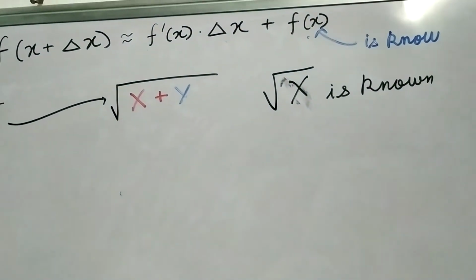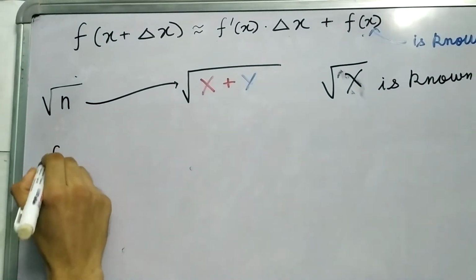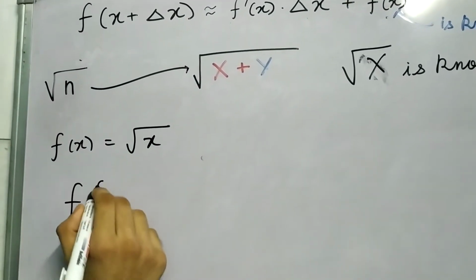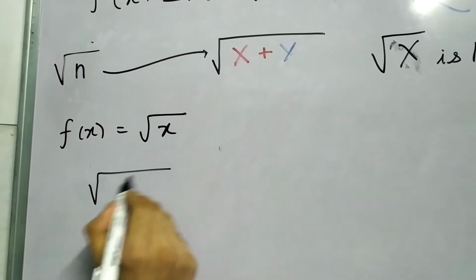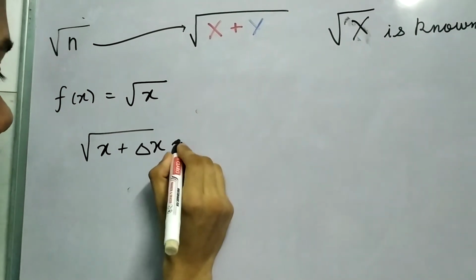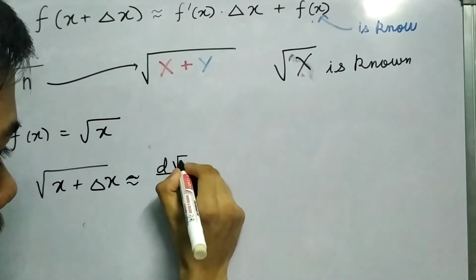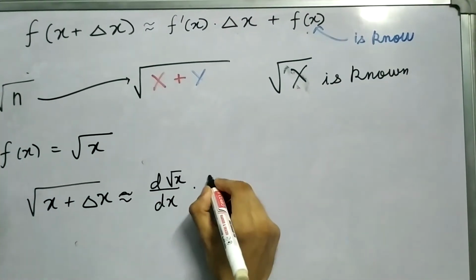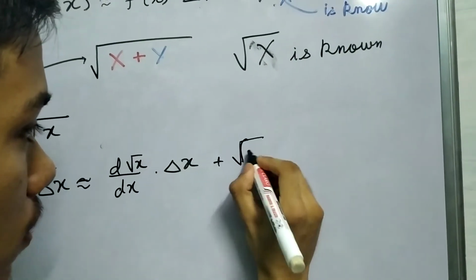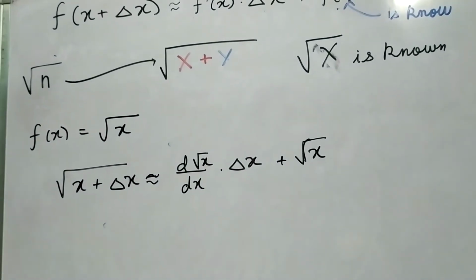And now let's develop the trick. So this is our formula. Let f of x be root x. This is our function. So root x plus some change in x, some delta x, is approximately f prime of x, so d by dx of root x, times your delta x, plus f of x, which is root x. And of course this is known to us. And what is d by dx of root x?